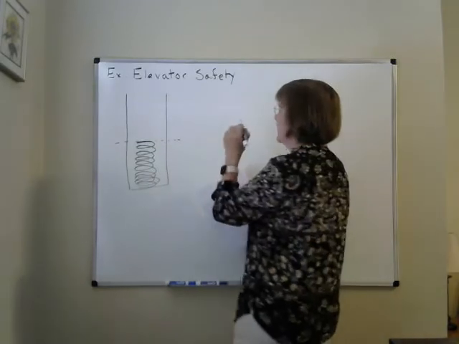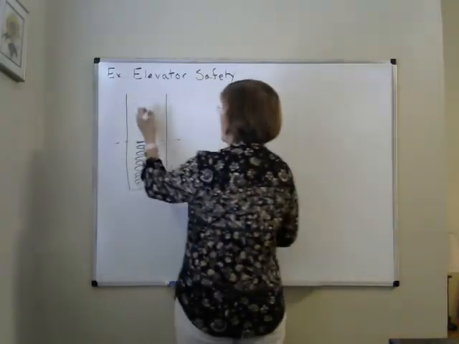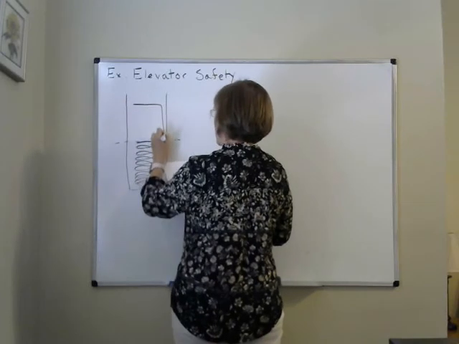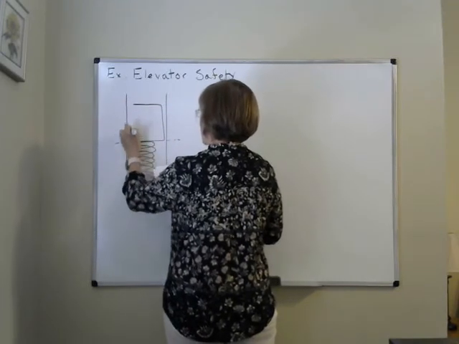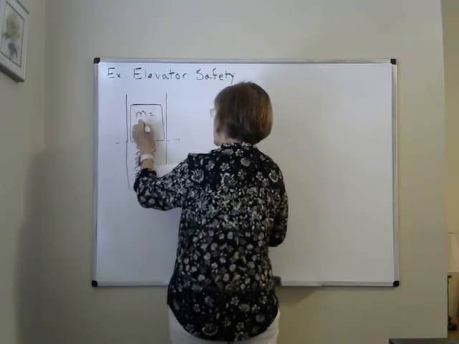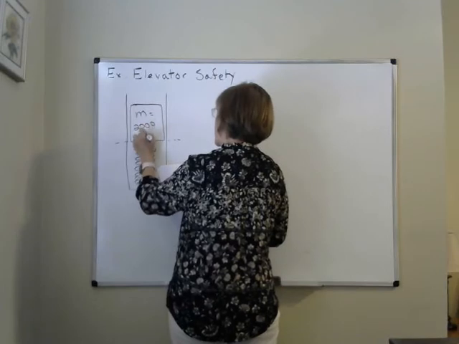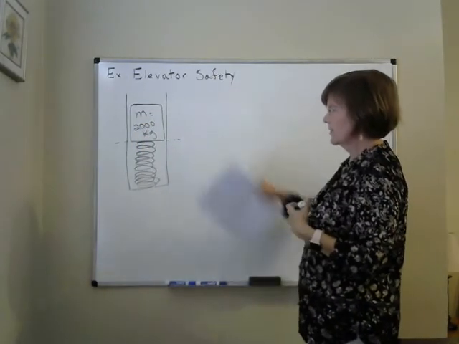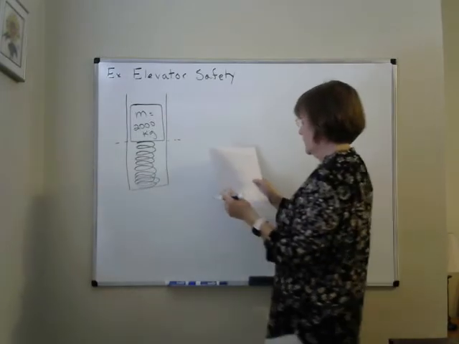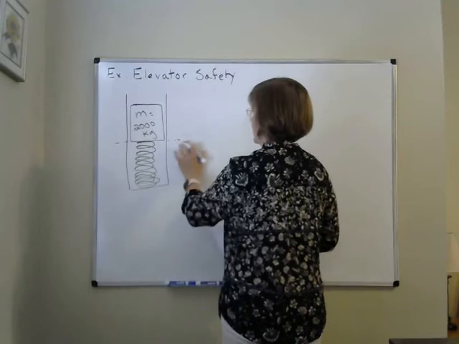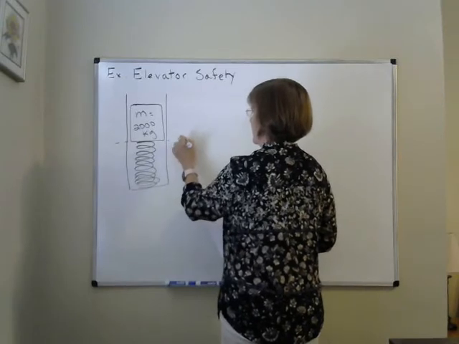Now, the elevator itself weighs 2,000 kilograms. And it says at the moment that it reaches the top of the spring, the equilibrium of the spring, let's call this y equals 0 since it's vertical.